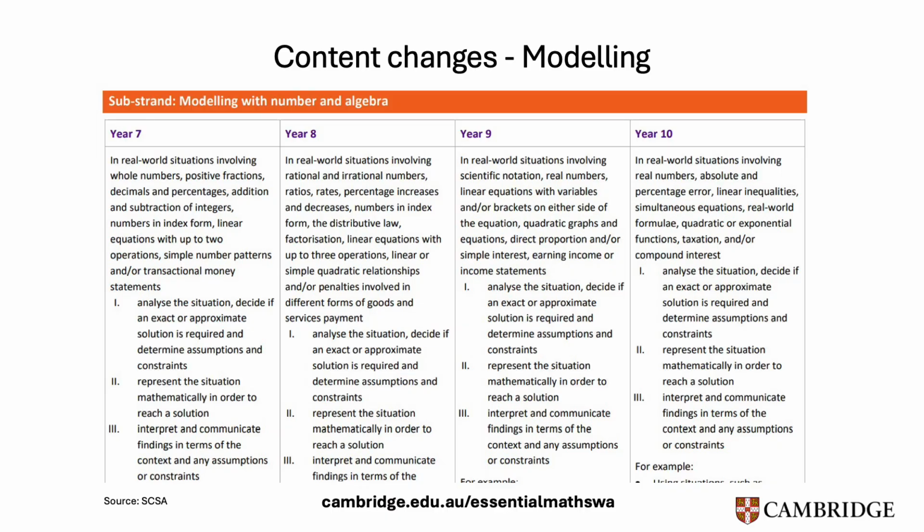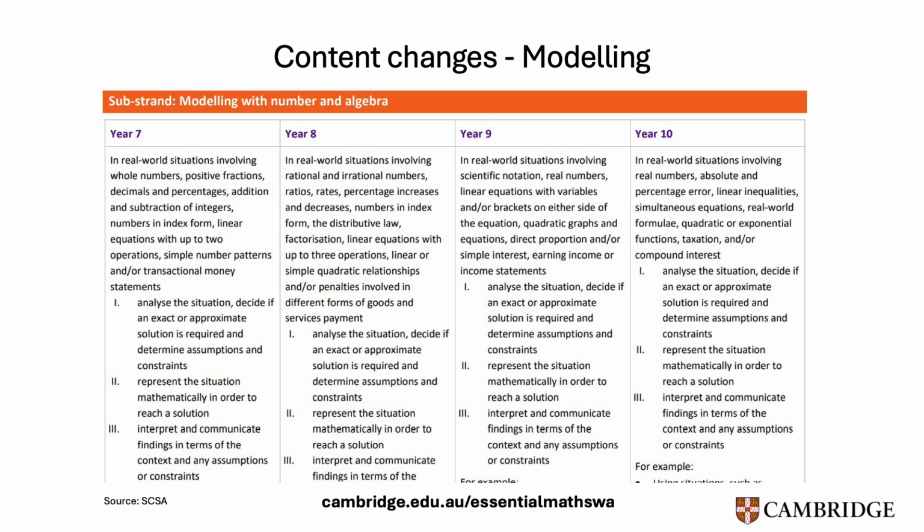A common language has been developed with words like analyse, represent, solve, determine, interpret, communicate, and so on. And these are explicitly mentioned throughout the curriculum. You may not be able to read this, but you can see these words appearing in the content descriptors for Western Australia.